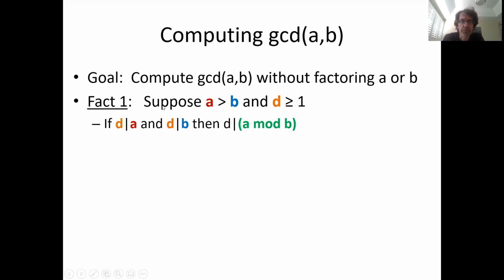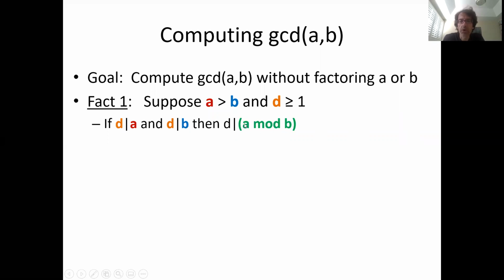So here is one observation. If there are two integers, a greater than b, and some divisor, an integer that is at least 1, then if d is a common divisor of a and b, a common factor, because it could be a product of several prime factors, then it will also be a divisor of a mod b.